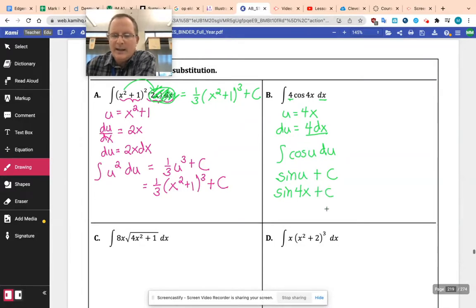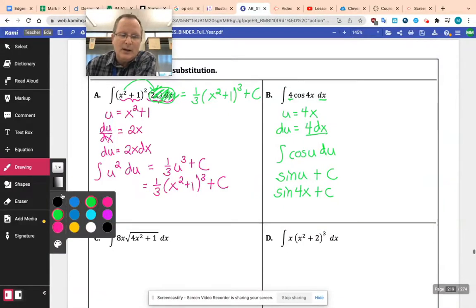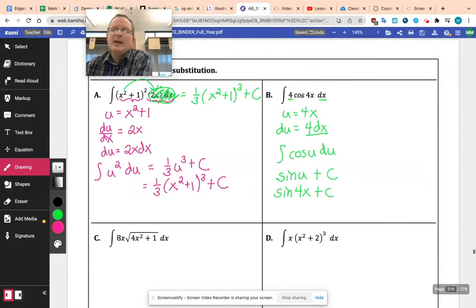Now, again, every single time I'm going to talk about these in terms of pattern recognition. If the derivative was a cosine, and we thought it might be a sine, and the inside part was 4x, then the chain rule would have had to have happened.